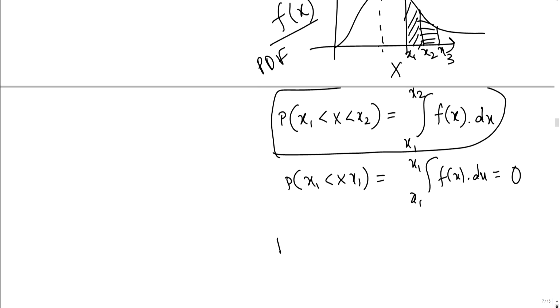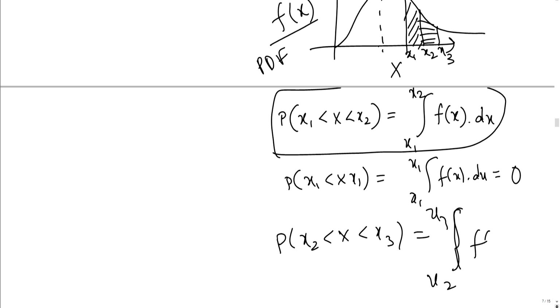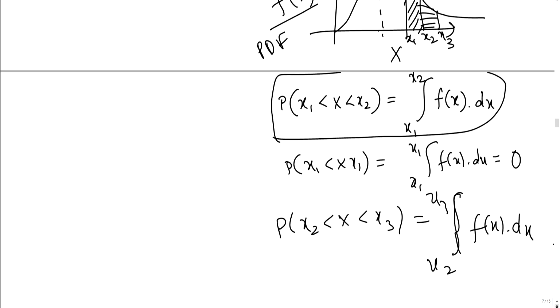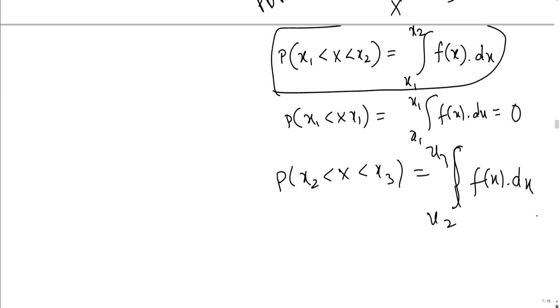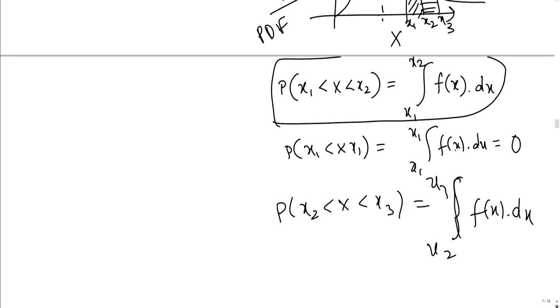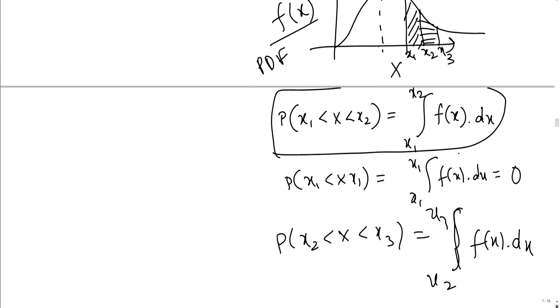It would be given by the area under the curve between x2 and x3, fx dx, right. Now, the third axiom will apply here because x1 to x2 and x2 to x3 are mutually exclusive. There is no common area between them, right.